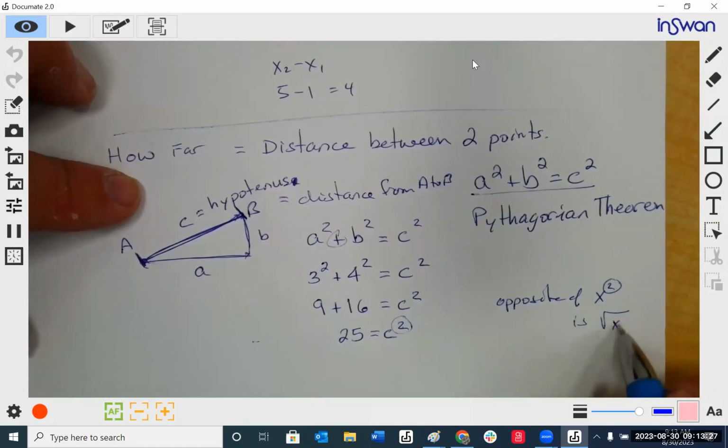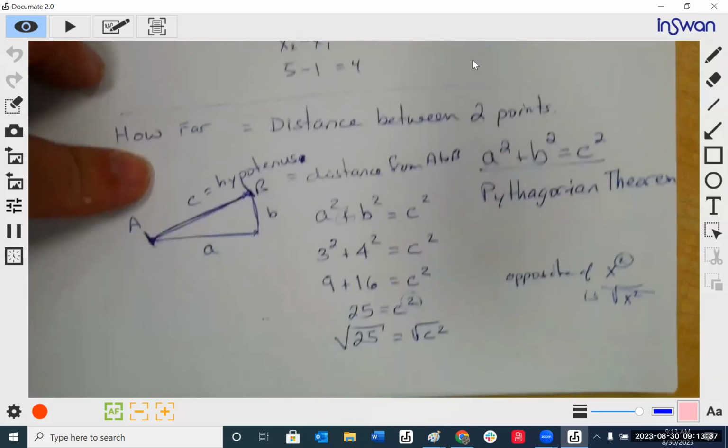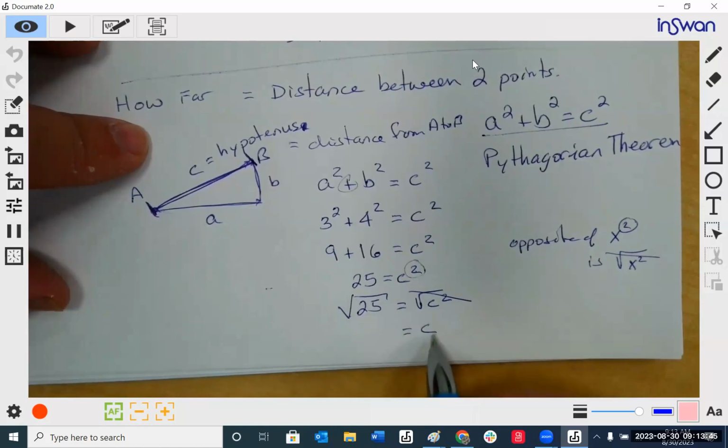Because the square root and the square cancel out. So if we square rooted both of these numbers, the square root and the square cancel, so we get just C.